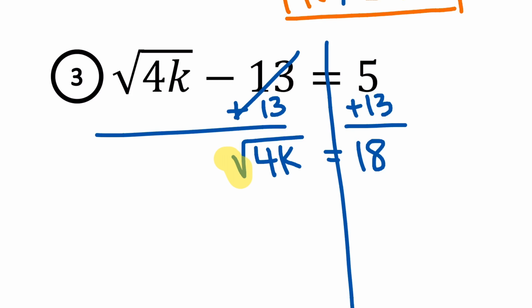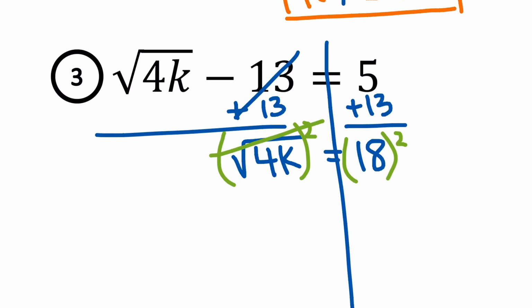And now when I look at the square root, I notice that there's nothing outside of the square root. There's nothing behind it, nor nothing in front of it. So I will need to cancel the square root next. And I cancel the square root by using squared. So I will draw parentheses and square both sides.